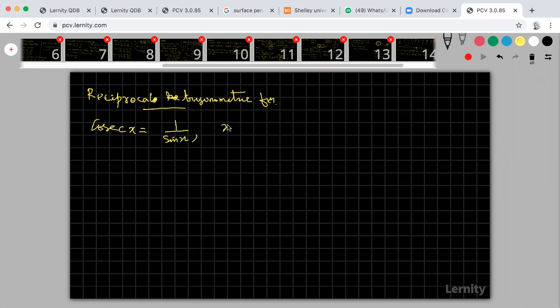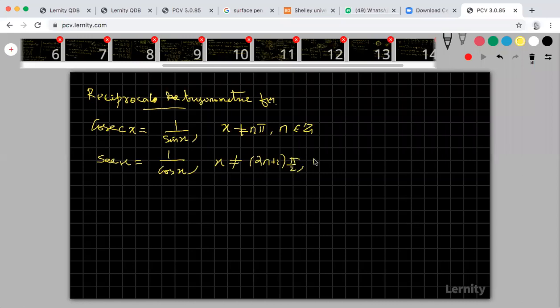Here x is not equal to n pi. Why? Please think about that. Why, sir, are you writing so many conditions? Secant x: your secant x is equal to 1 by cos x, but my x is not equal to 2n plus 1 pi by 2.